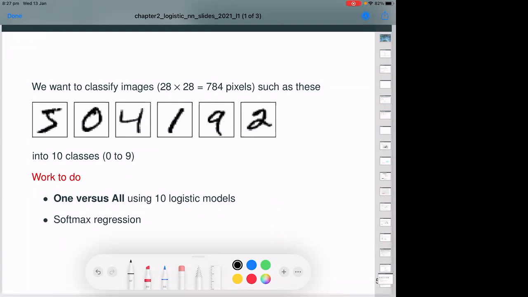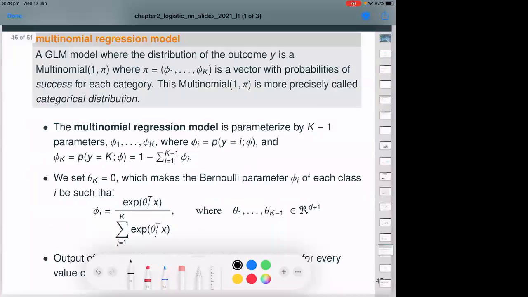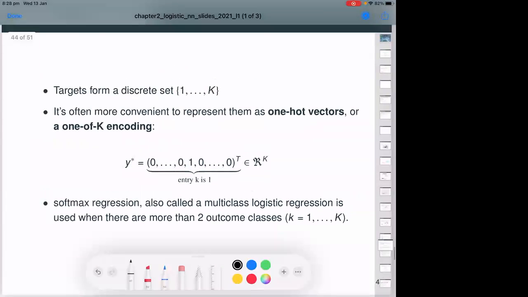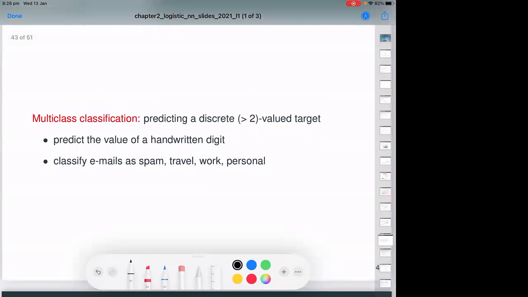Another example is classifying email: I want to classify directly if it's spam, an email from a traveler, an email from work, or a personal email. So in this case my outcome K is equal to 4 classes.